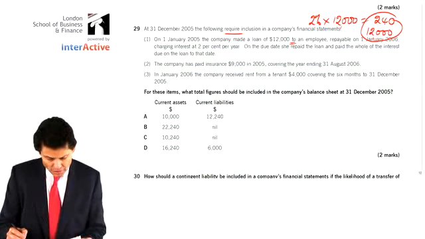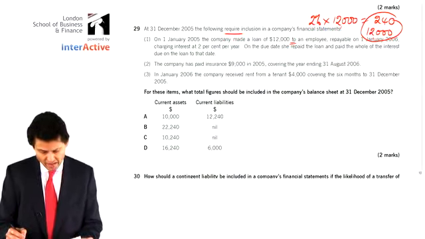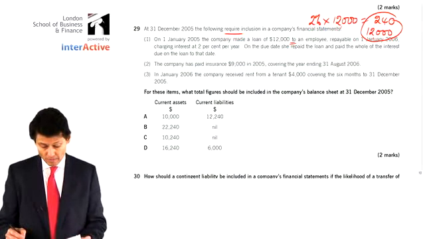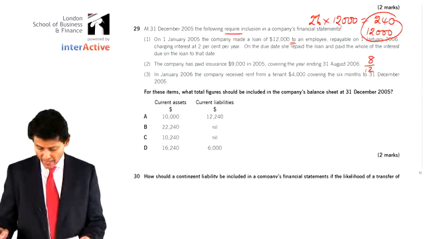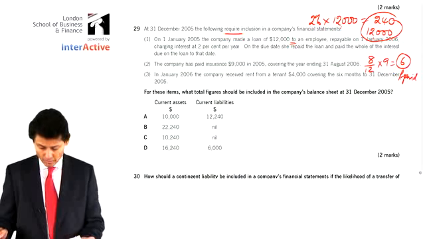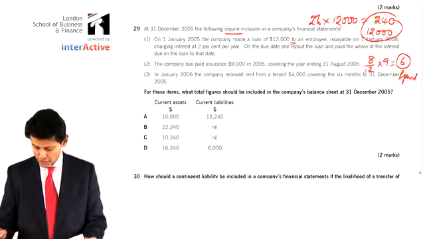The company has paid insurance of $9,000 in 2005, covering the year ended August 2006. So I suppose 8 months of that falls into the new year. So about 6,000 is prepaid. I might write that out a bit more clearly in a minute. Prepaid insurance.